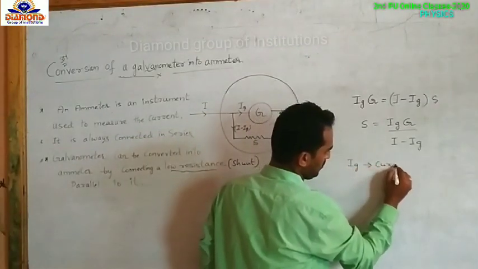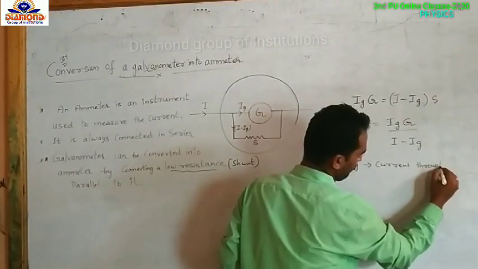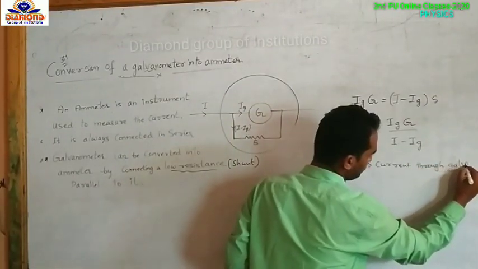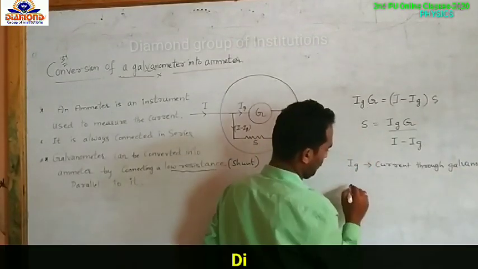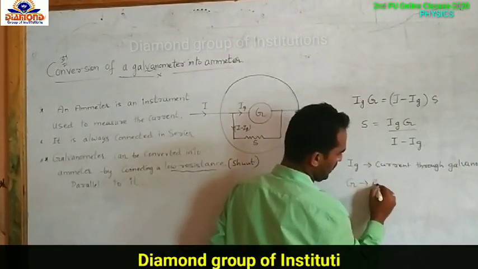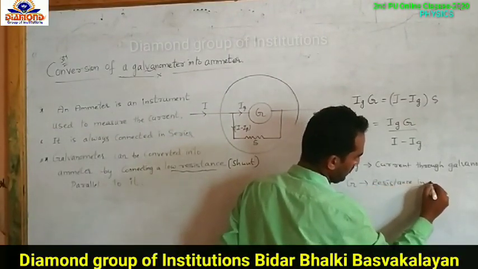So what is Ig? Current through the galvanometer. What is G? Resistance in the galvanometer.